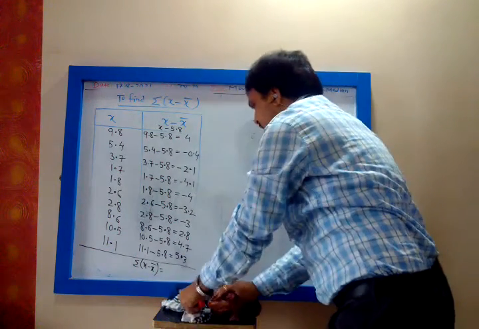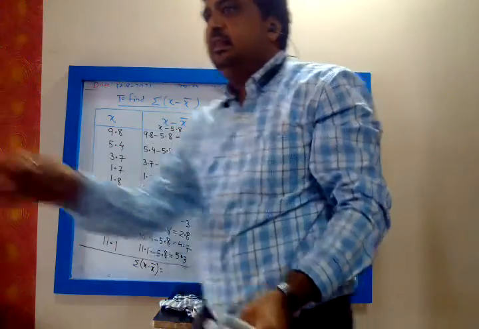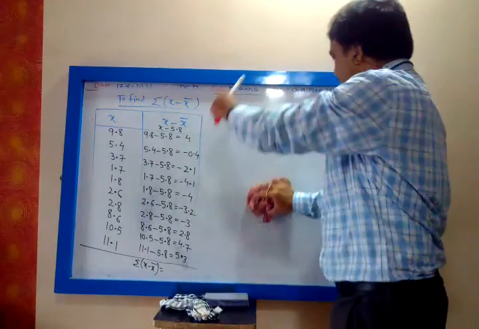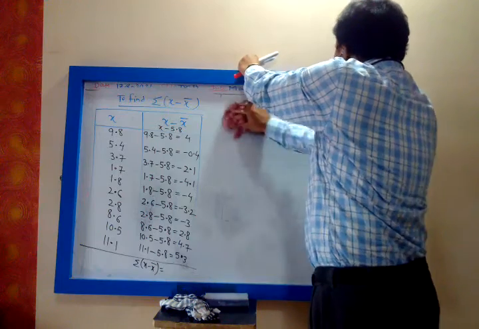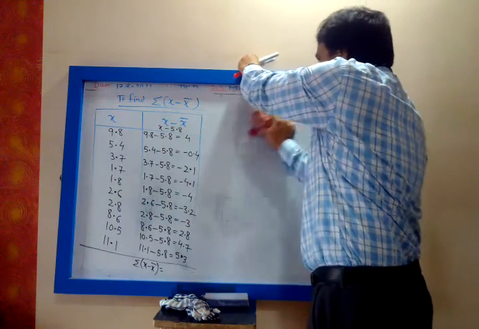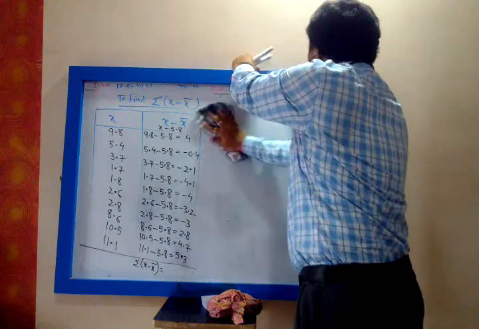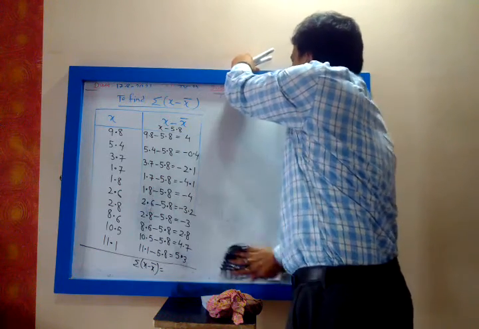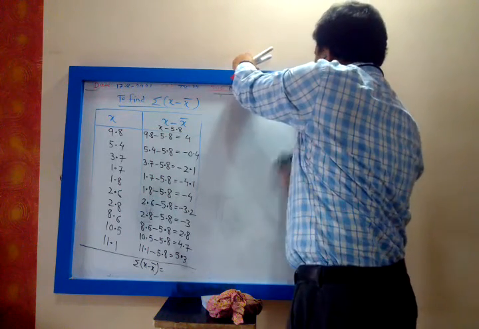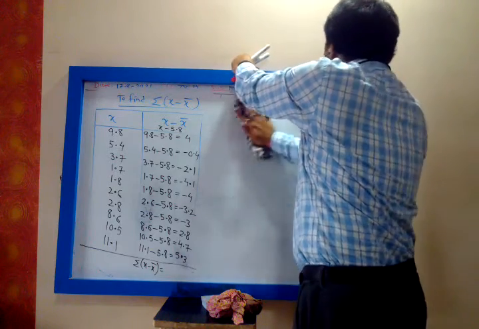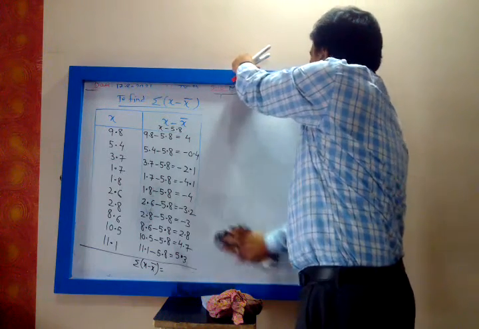Okay. Now it is visible. So add all the values of the last column. First you add the positive values, then you add all the negative values and take the sign minus.